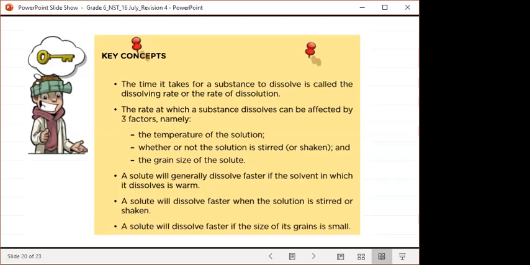Next point, a solid will generally dissolve faster if the solvent in which it dissolves is warm. A solid will dissolve faster when the solution is stirred or shaken, and a solid will dissolve faster if the grain size is small. Okay, so this brings us to the end of our lesson.